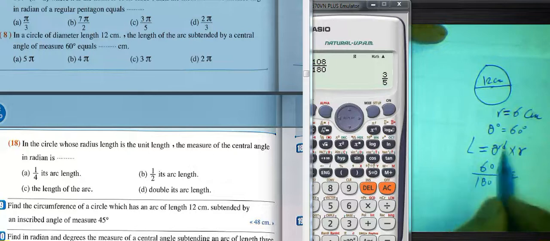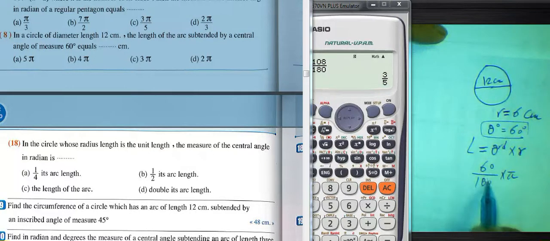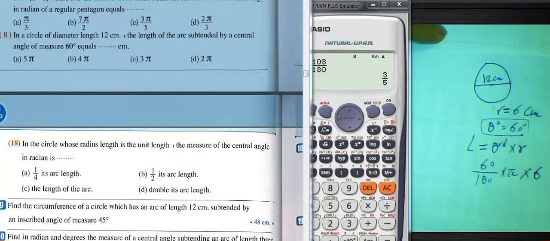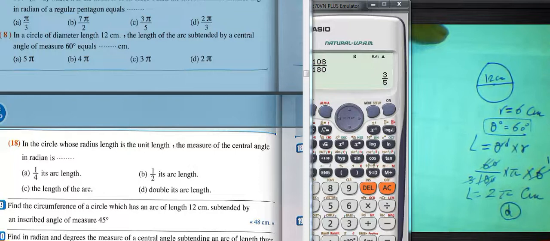Convert from theta degree to theta radian by dividing by 180 and then multiplying by pi, and then the result will be multiplied by 6, the radius. We can cancel 6 with 6, 18 divided by 6 equals 3, 6 divided by 3 equals 2. The result will be 2 pi centimeter. We will choose letter D about question number 8.